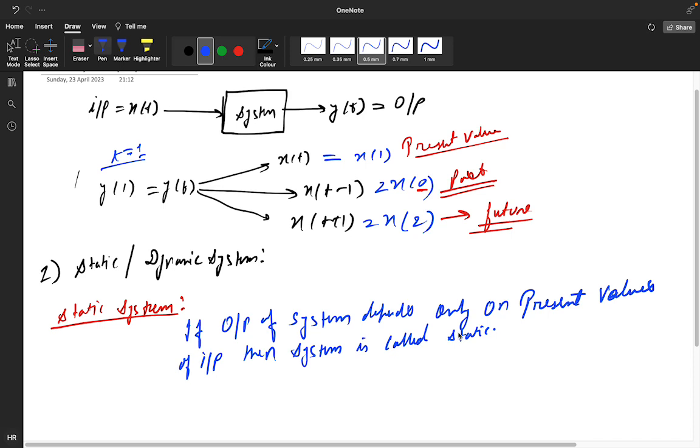It is also known as a memoryless system.